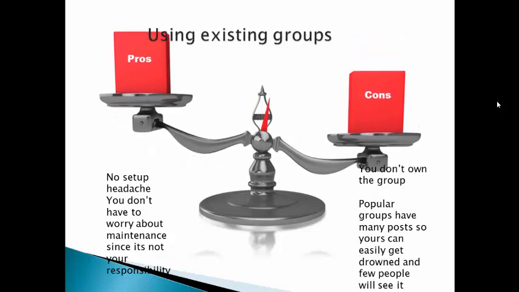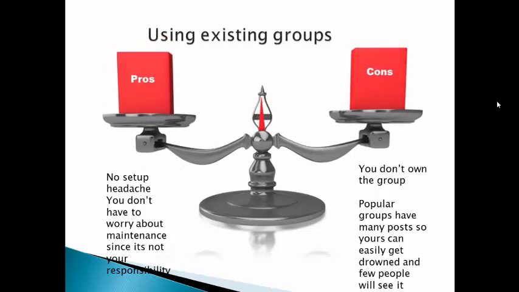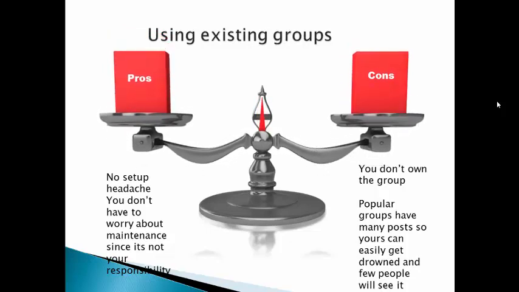What about using existing groups? What are the pros and cons of doing this? Here are some pros. No setup headaches. The group is already there. You don't need to set it up. You don't have to worry about maintenance because it's not your group and it's not your responsibility to maintain it. What are some cons? One, you don't own the group.